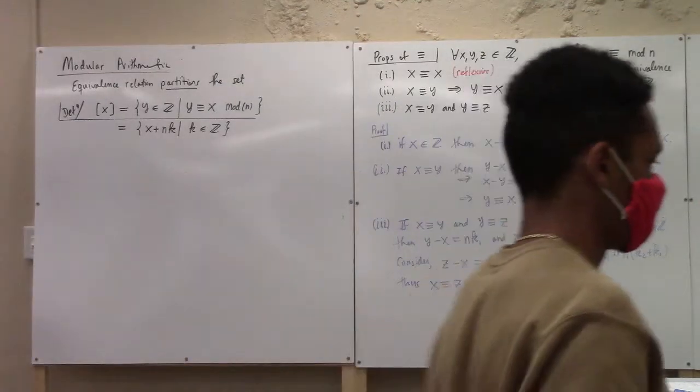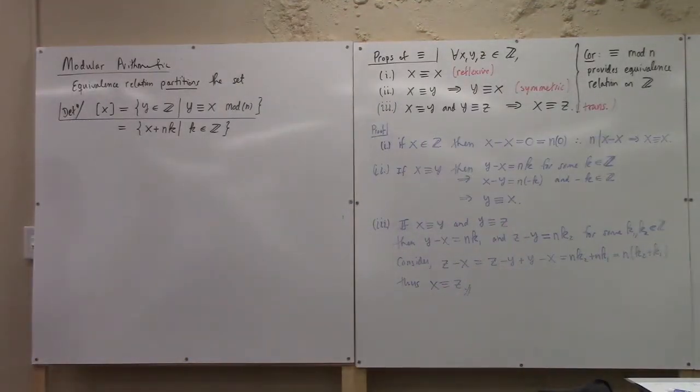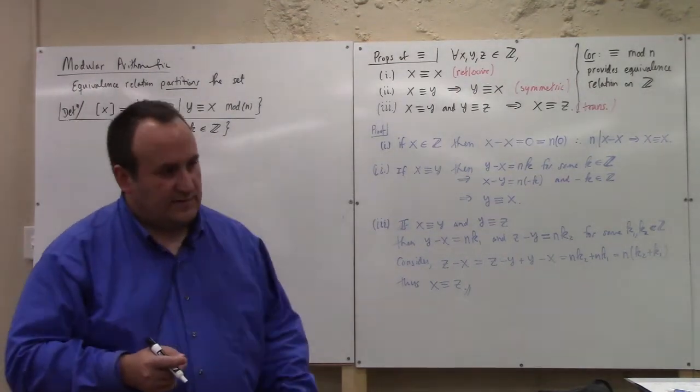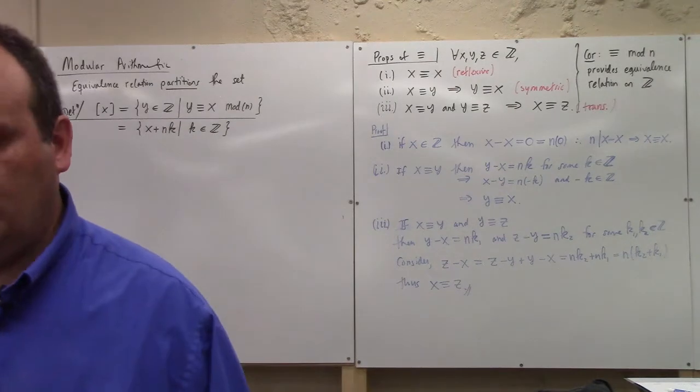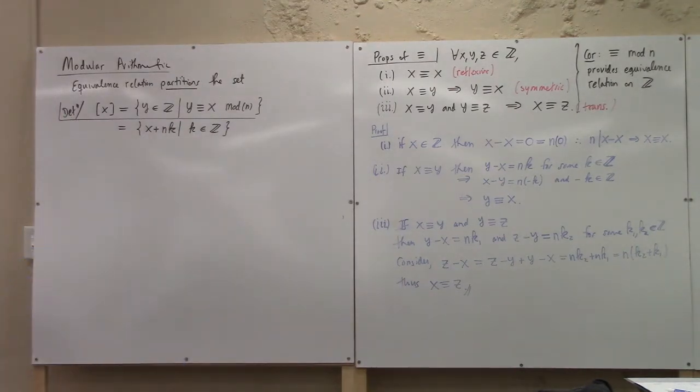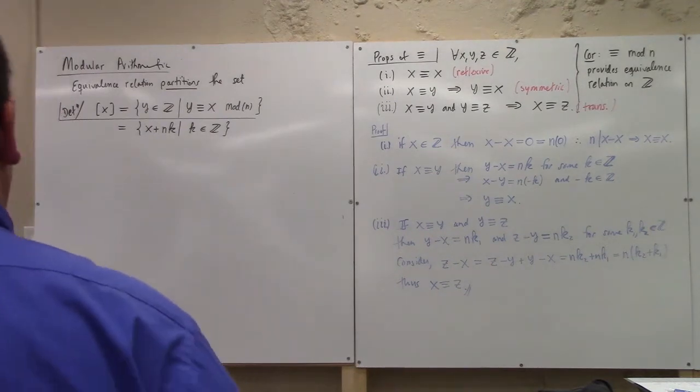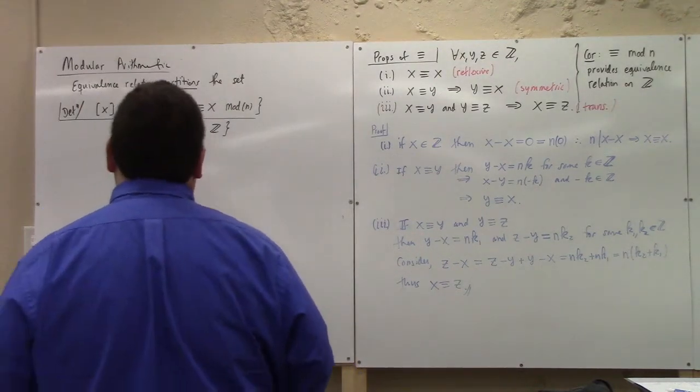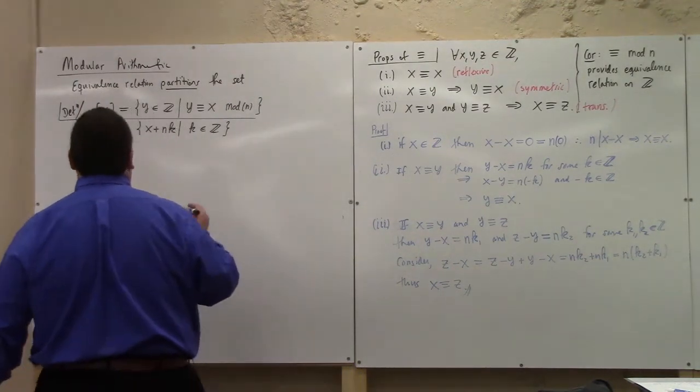Other characterizations of congruence: one, you can get from one to the other by adding a multiple of n. So that's another way we could look at this equivalence. So this is the equivalence class represented by x.